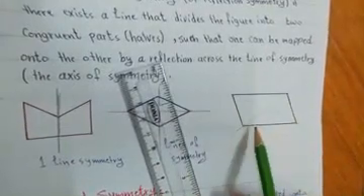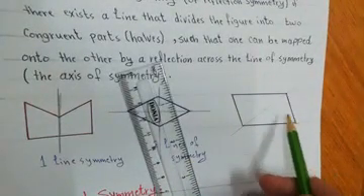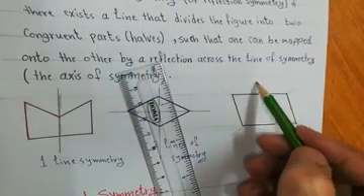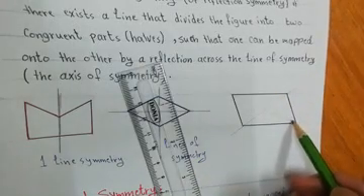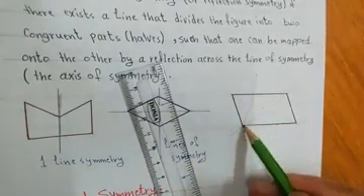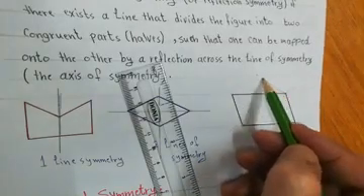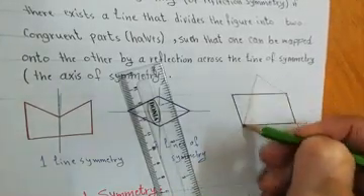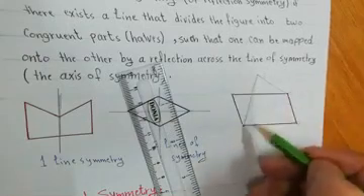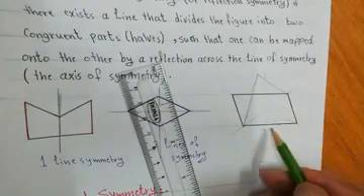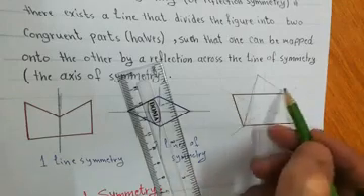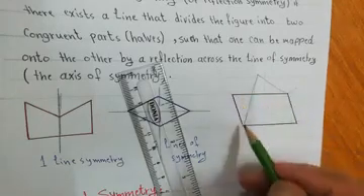Look at this part. I don't think it's a line of symmetry. If this were a line of symmetry, this part would be matched to this one if we folded it across this line. But this part is not fitted to this part, it's not mapped to it. They will not coincide with each other.